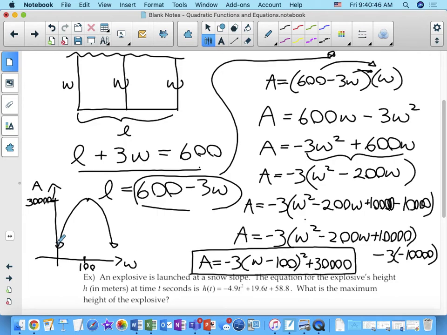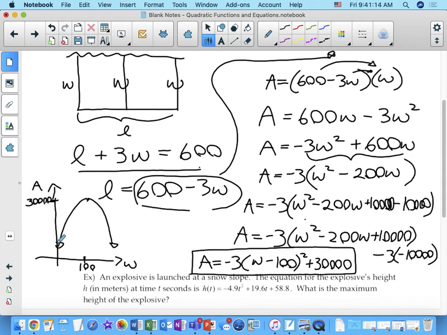How would you figure out the length? You could, but actually, remember when we subbed in originally, we had length equals 600 minus 3 width? You can go back to that because then you have length isolated already, right? And just plug 100 in for width, right?